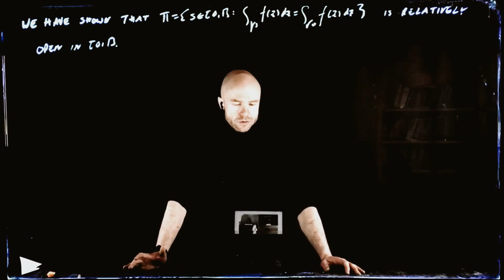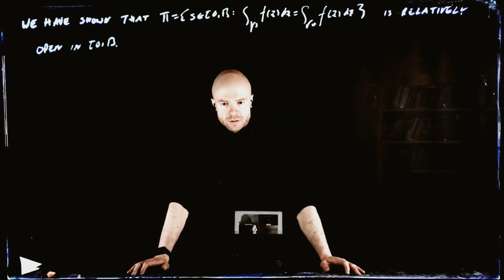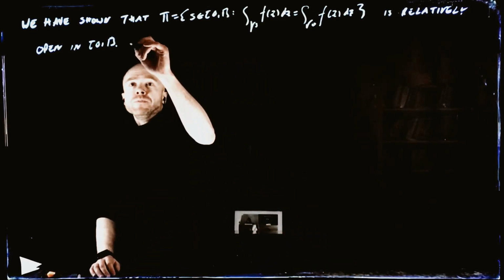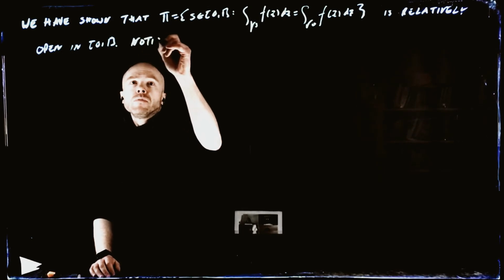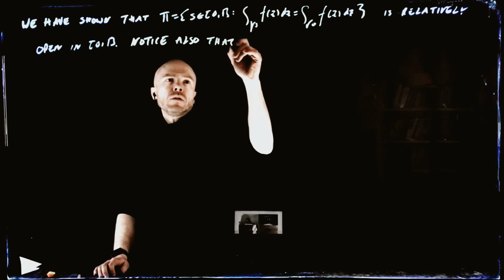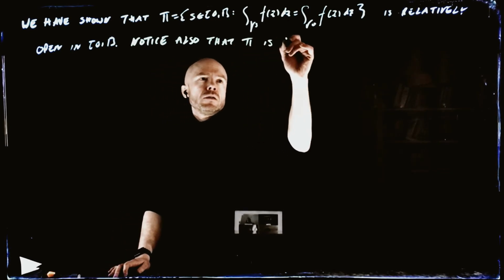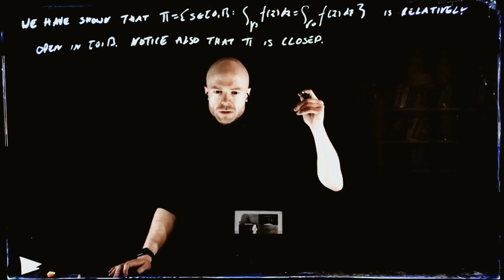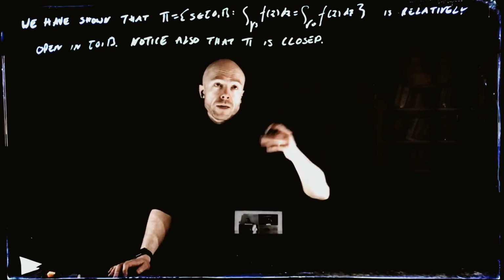This is a very useful trick if you just have this in mind all the time. This helps you prove lots of things. Well, the other property is that pi is closed. It's also a closed set by continuity.